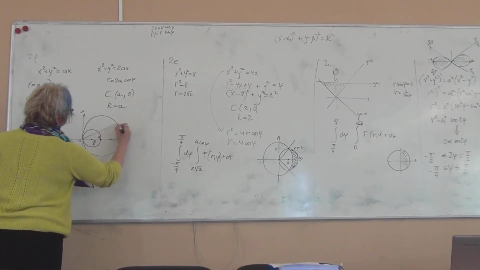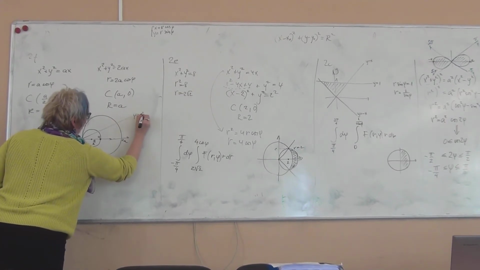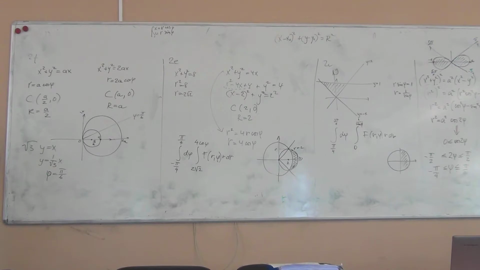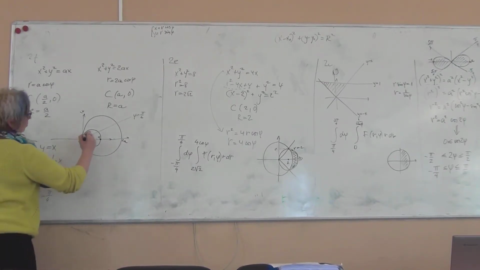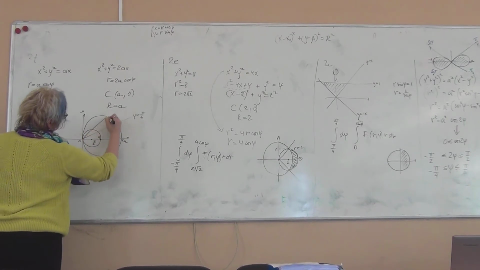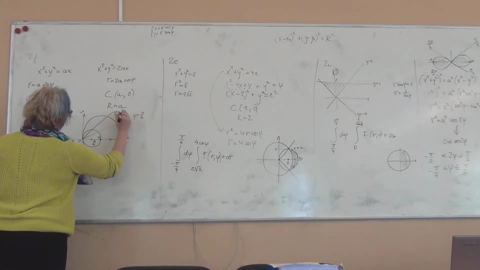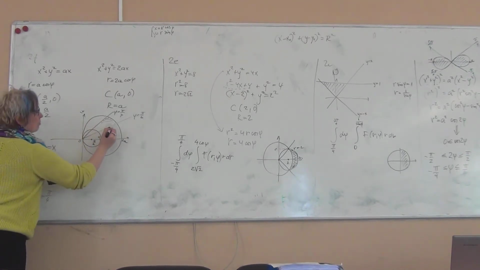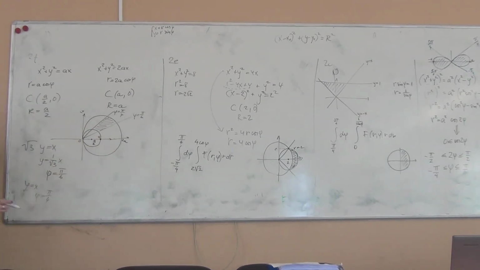Okay, 30 degrees, that would be this one. And the second line is y equals x. If y equals x, then the angle for this line is pi over 4. So phi equals pi over 4. And the region of integration, obviously this.